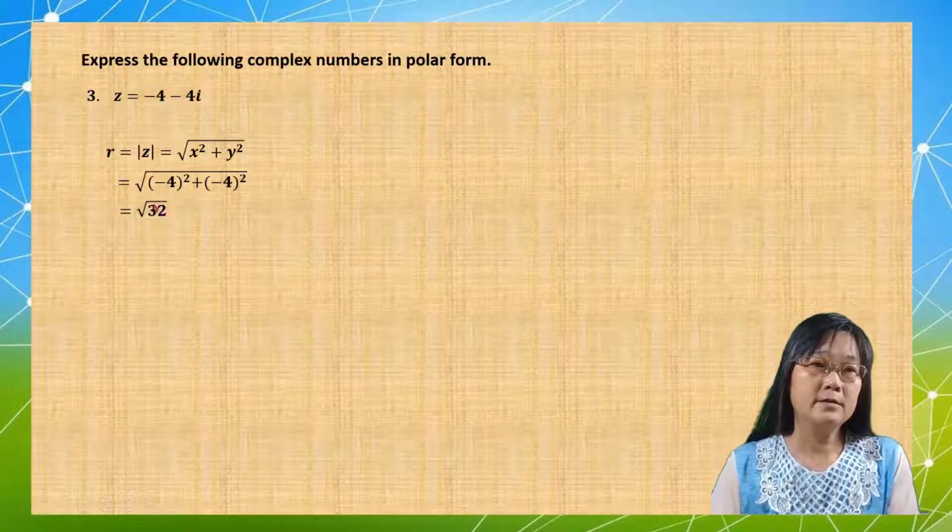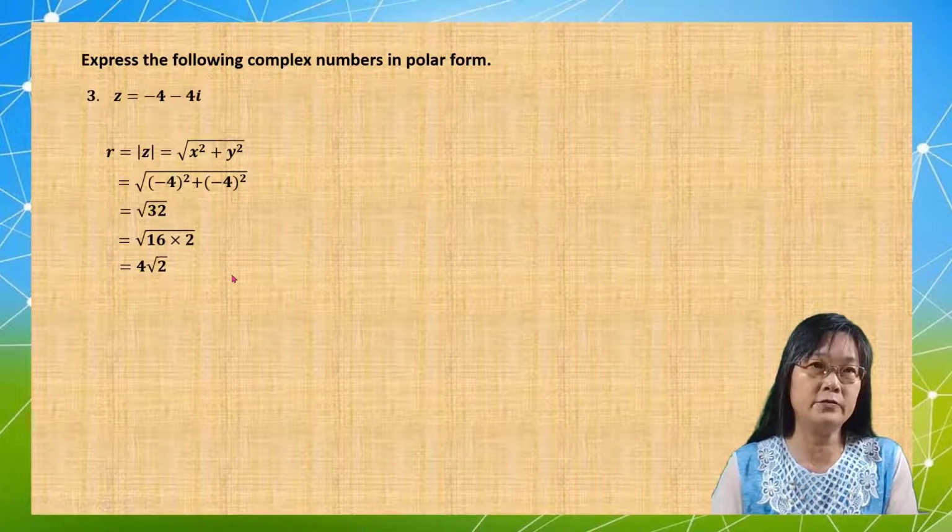But square root of 32 is not the simplest form of the surd. So I can still separate 32 into 16 times 2. Then square root of 16 is equal to 4. So the modulus in the simplest form of surd is 4 square root of 2.